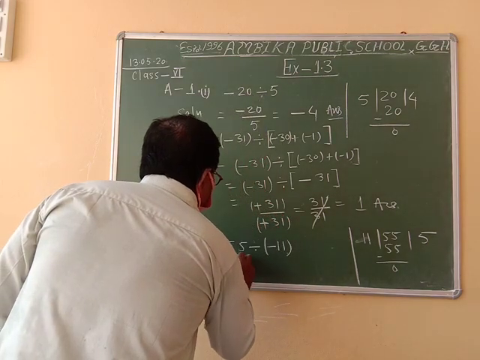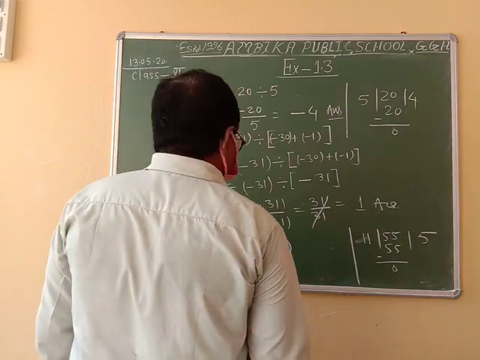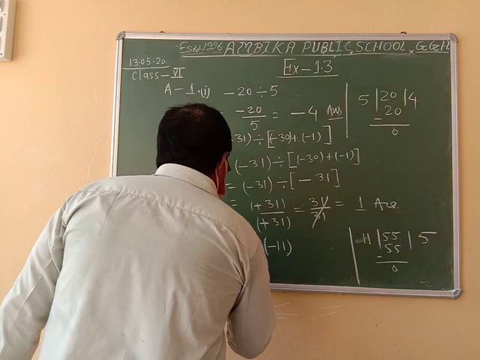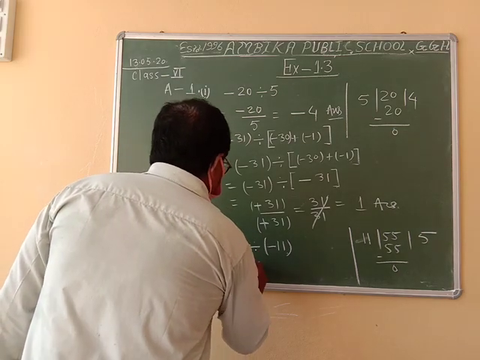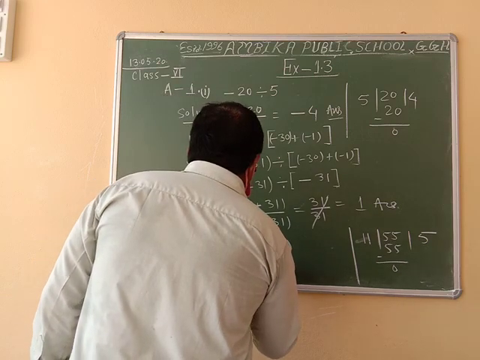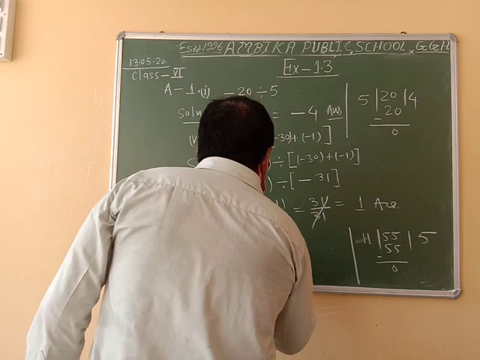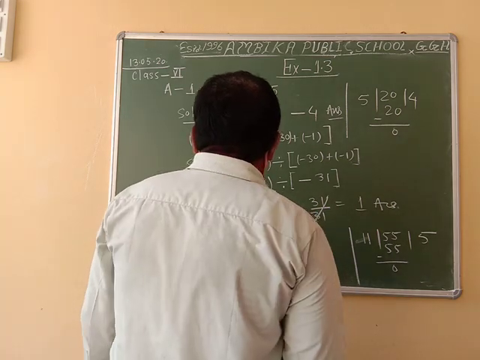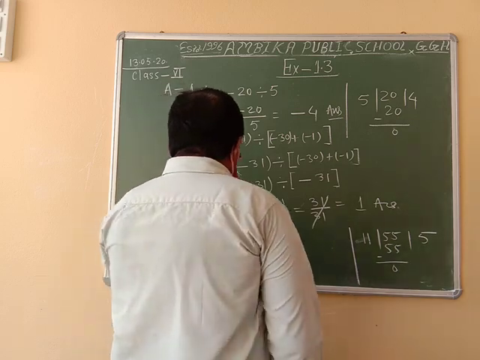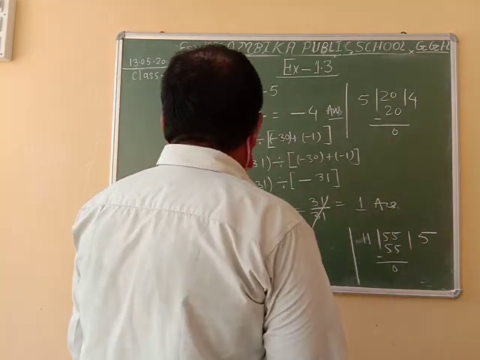So we write 55 divided by minus 11, we write 5 and a minus sign. We know that minus into minus is equal to plus.